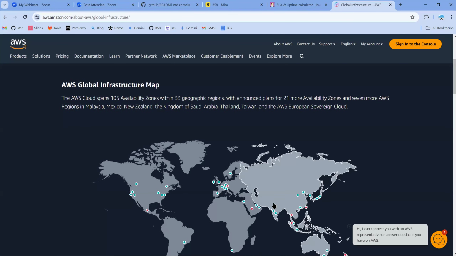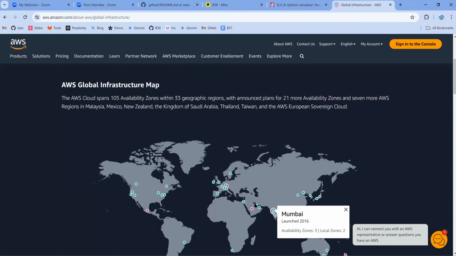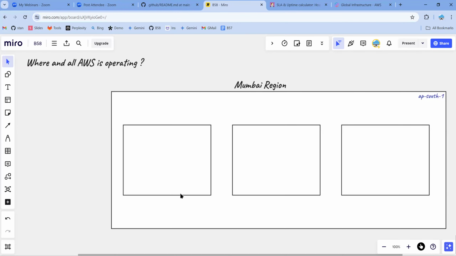Since this is all Asia Pacific, and we are on the south side, they call it south. Now in the Mumbai region, Amazon chooses 3 different places and refers to them as zone 1A. All 3 of them can be miles apart: zone 1A and zone 1B.